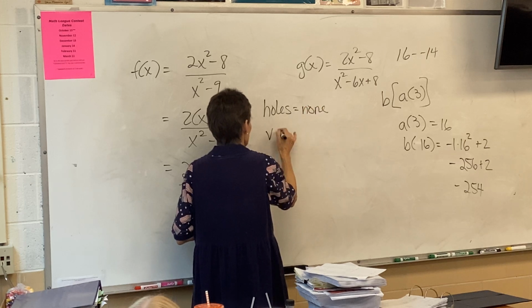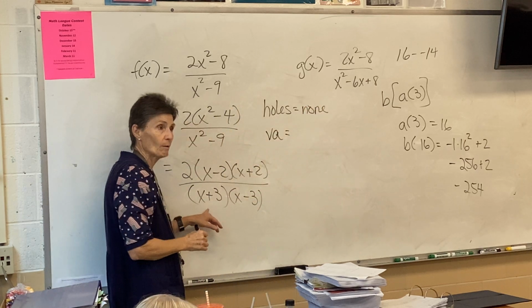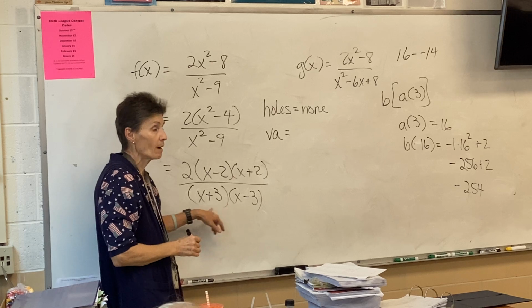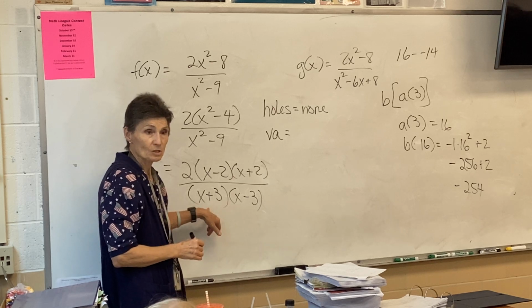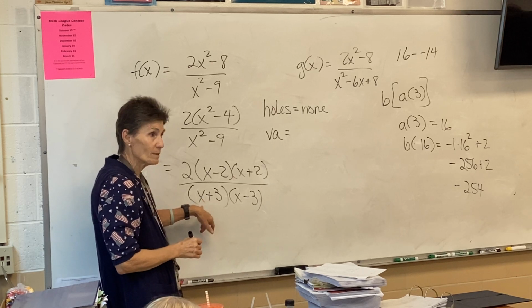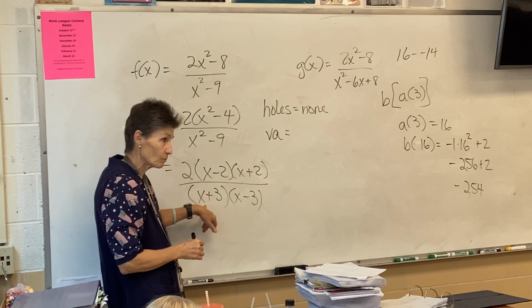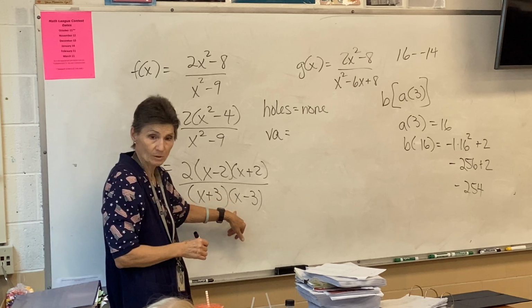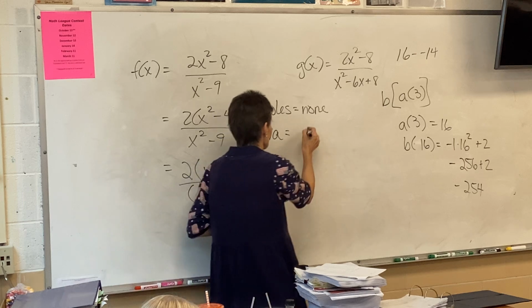And it does help me with my verticals, because now I see I have 2 things in the denominator. So my verticals will be at x equals -3 and x equals +3.